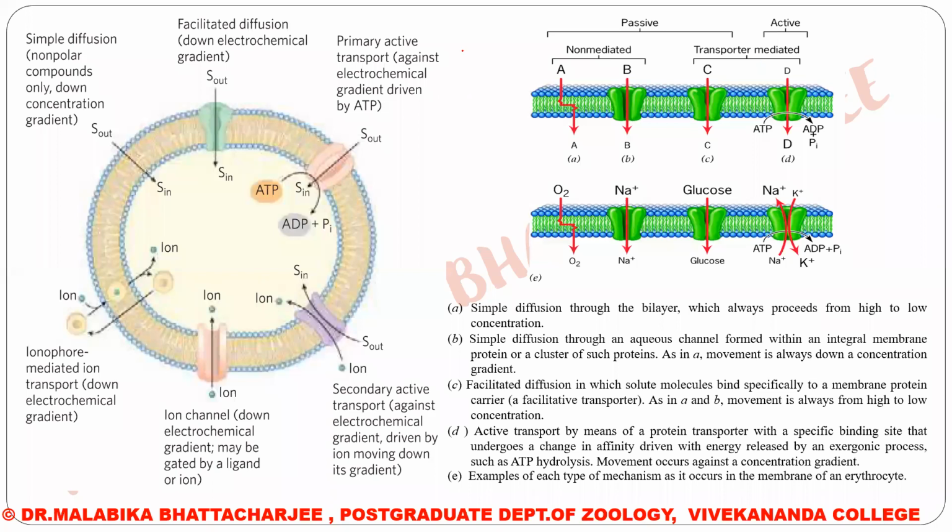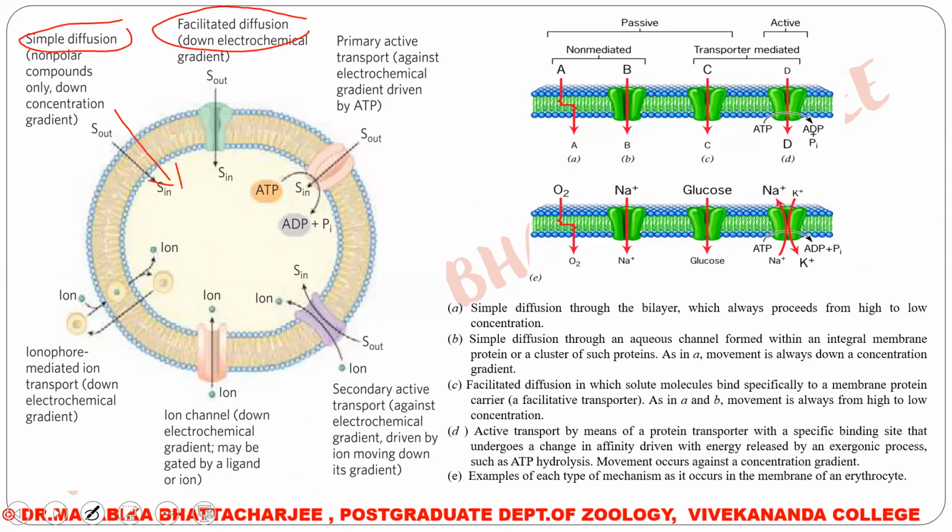So as I started saying, with the various categories of transport and the various molecules that are transported, you are now familiar with simple diffusion and facilitated diffusion. Now look at the picture. In simple diffusion, a molecule is moving from outward to inward, down the concentration gradient.